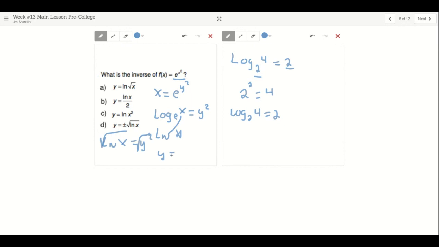So y is equal to the square root of natural log of x. All right. That I thought was a tough one because you have to remember so many different things. You have to remember that a logarithm is an exponent, and you can rewrite exponents as logarithms. You have to remember that log base e is natural log.